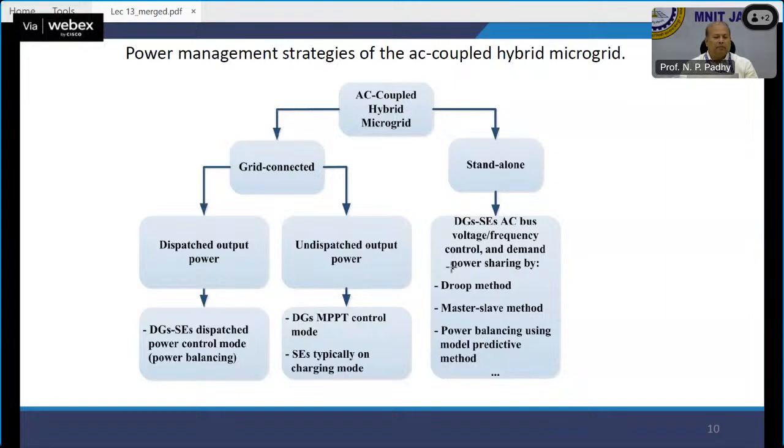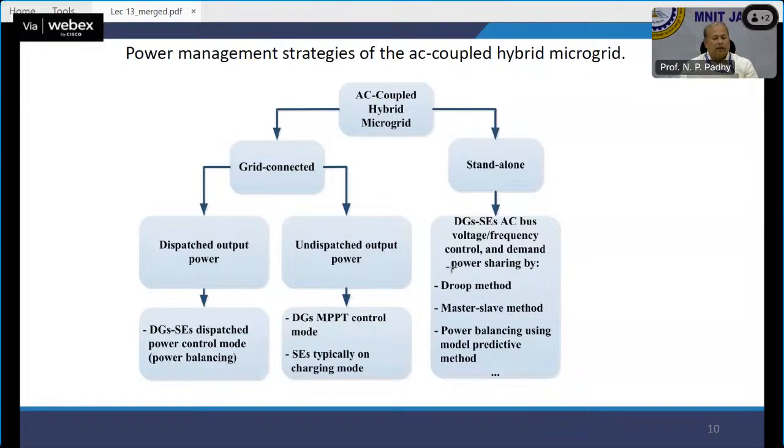AC coupled hybrid microgrids are of two types: either grid connected or standalone. When it is grid connected, there are two varieties of grid-connected mode. One is dispatched power output, the other is undispatched output power. What do we understand by dispatched output power? Where DGs and energy storage are in dispatched power control mode or power balancing.